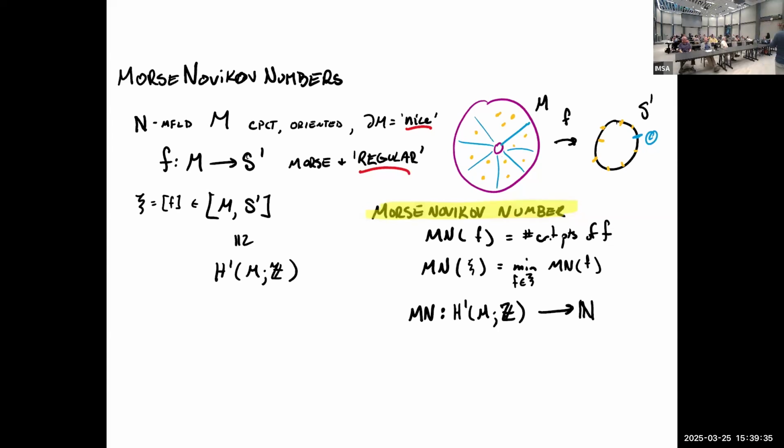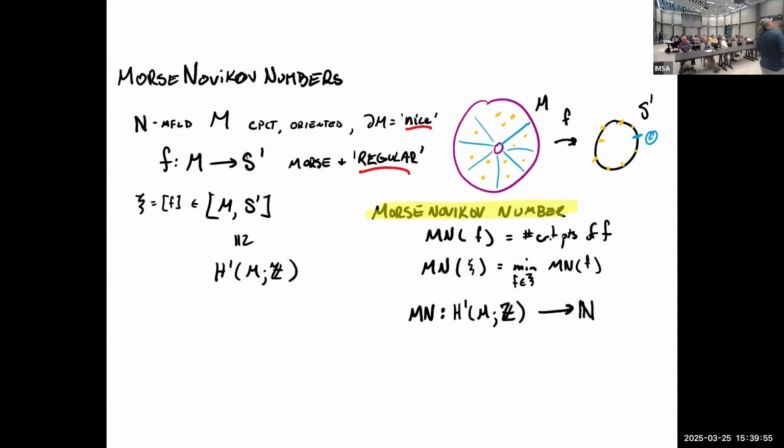So we have these particular representatives of the homotopy class of maps to the circle. And this collection of homotopy classes of maps to the circle corresponds to the first cohomology of your manifold, right?